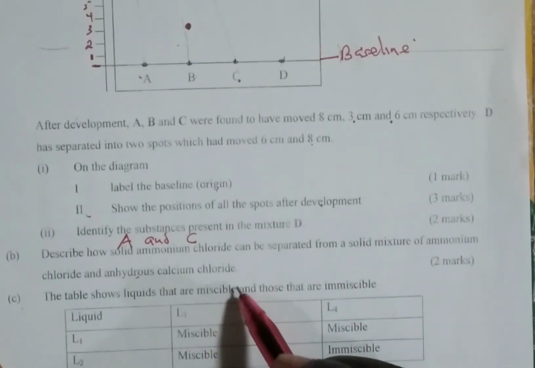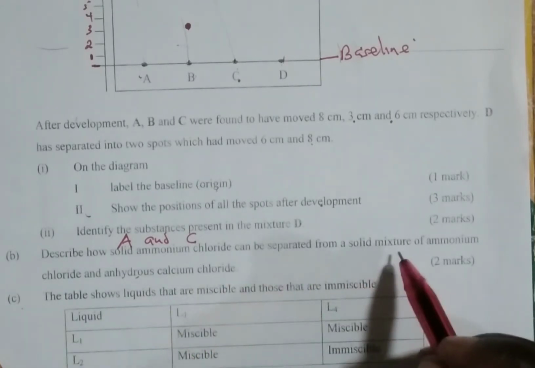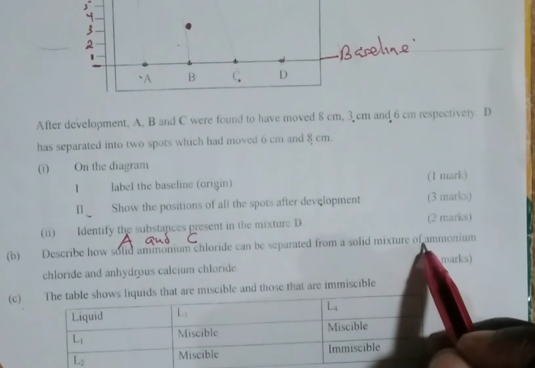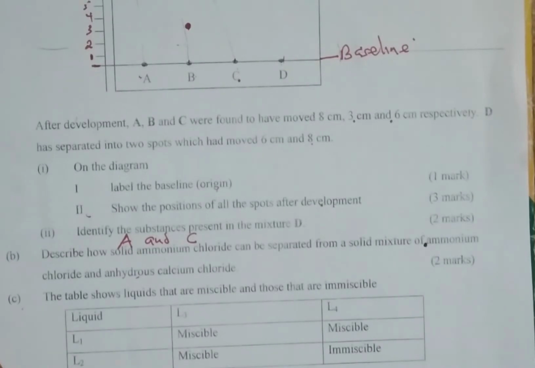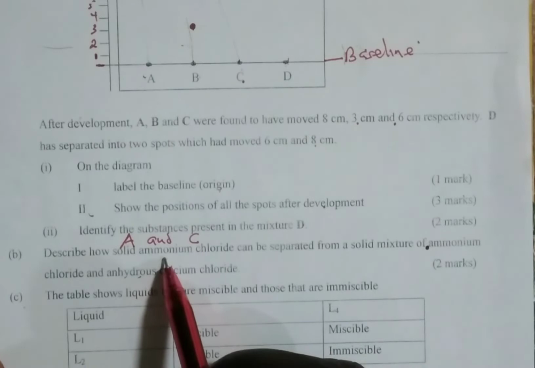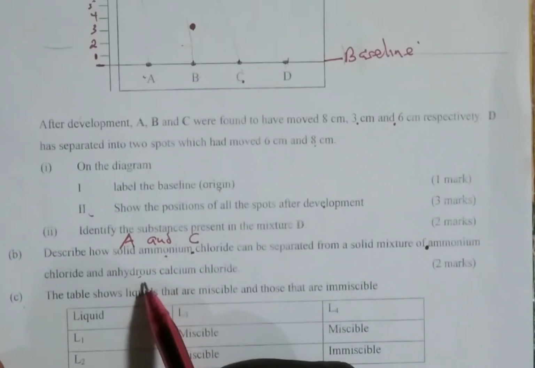We know that ammonium chloride is one of the substances that sublime, meaning when heated it changes directly from solid to vapor, and when you cool it, it changes from vapor directly to solid. Those substances undergo a process known as sublimation. How do we separate an ammonium chloride and calcium chloride mixture?